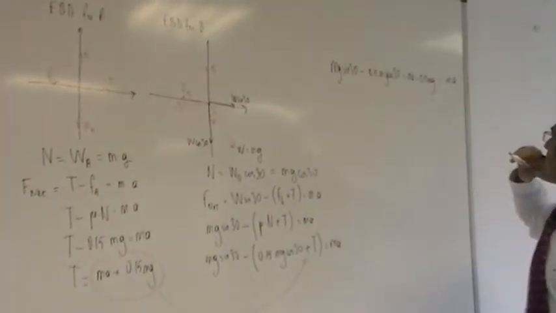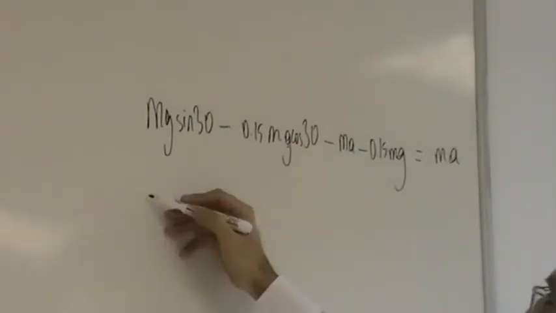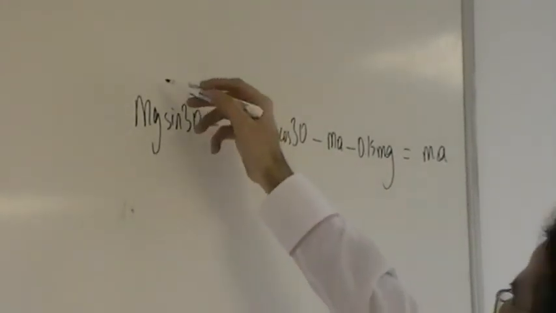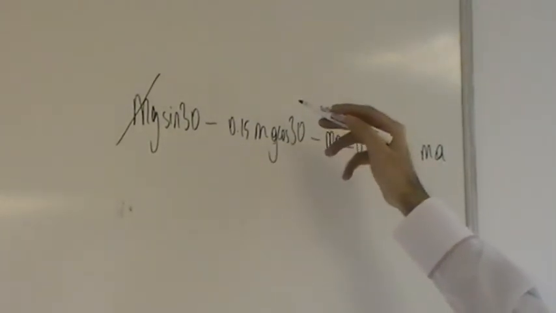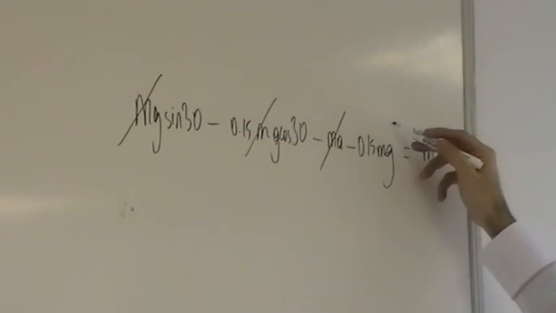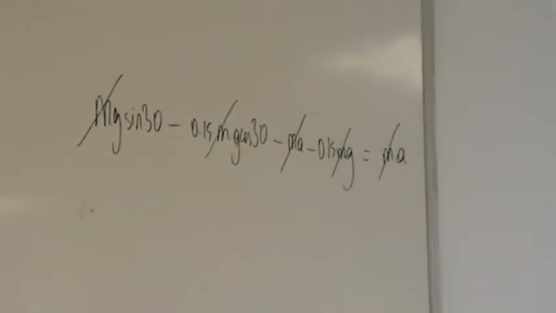Now it's time to take m in common parentheses. If I take m, there is m in every expression in here, so I can directly simplify this equation. But you have to have m in every expression to simplify it. If you don't have m in every expression, you cannot simplify it.